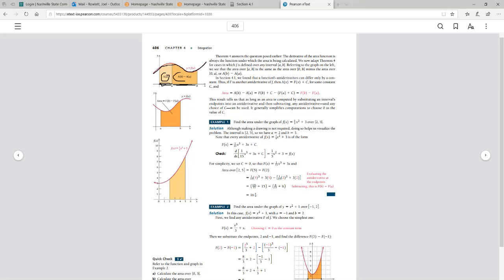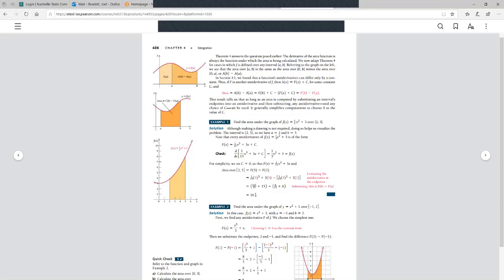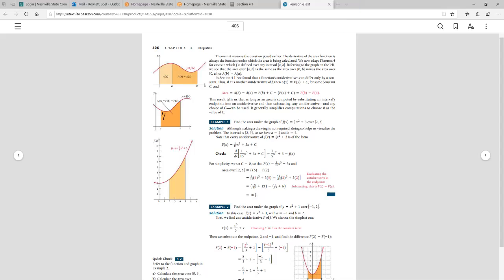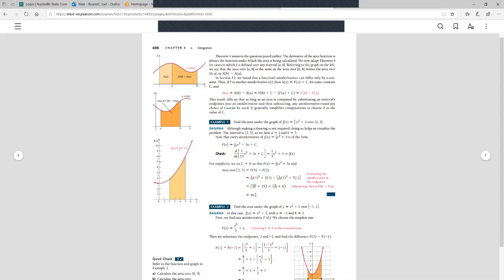And then A of b minus A of a is going to give us the area in the second region. Then they tell us in the second picture that if you take capital F of b minus capital F of a, that will give you the area under the curve. Okay. So just look at the pictures and sort of try to understand what they're saying.